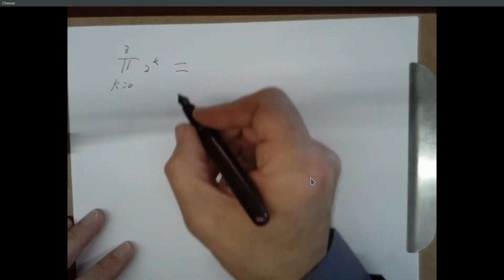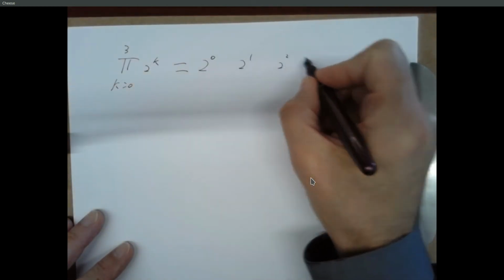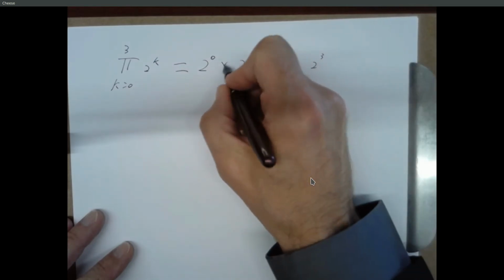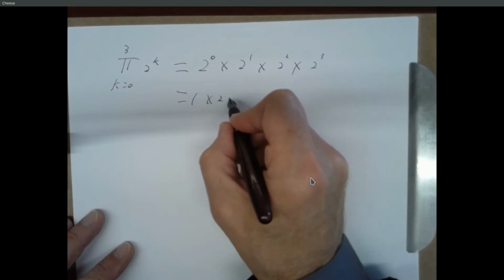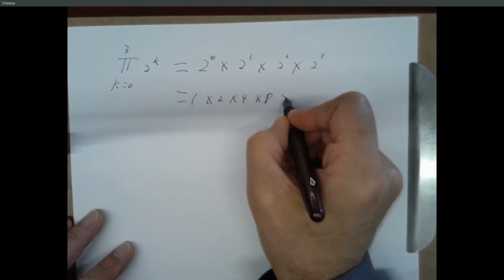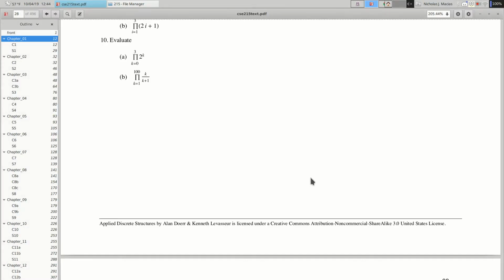So set k equal to 0, set k equal to 1, set k equal to 2, set k equal to 3, and just multiply all of these. All right, the other one is particularly interesting.